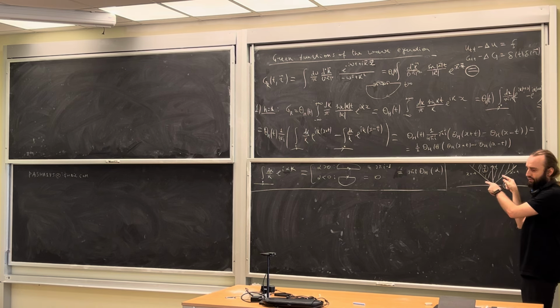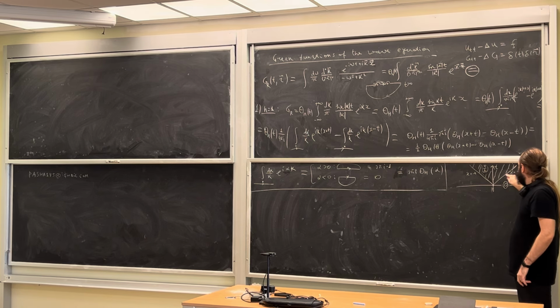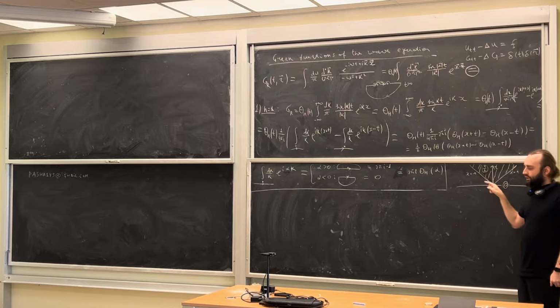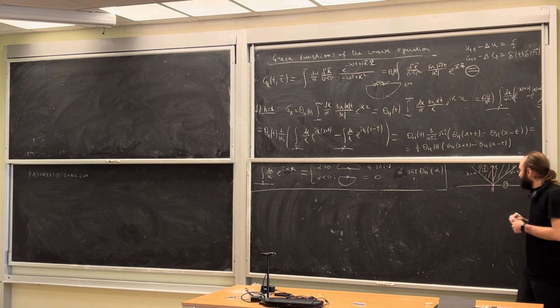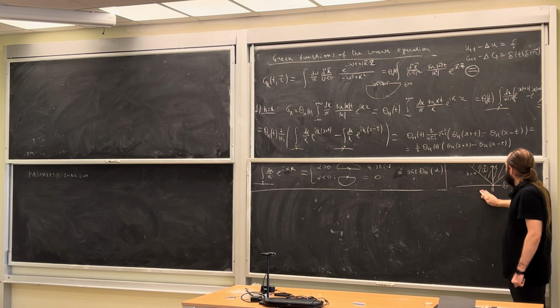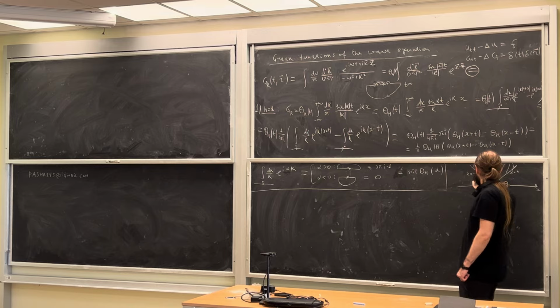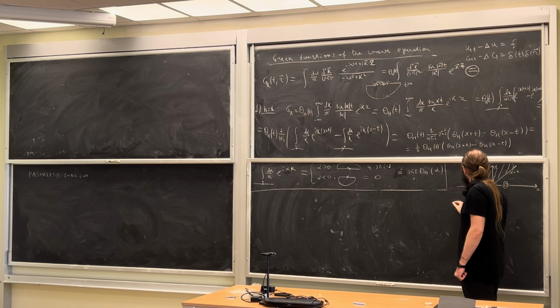It has two wave fronts on the left and on the right, and the value of deviation of your string in between is constant. It's 1/2. So it's not a very nice function because it is discontinuous here and there.